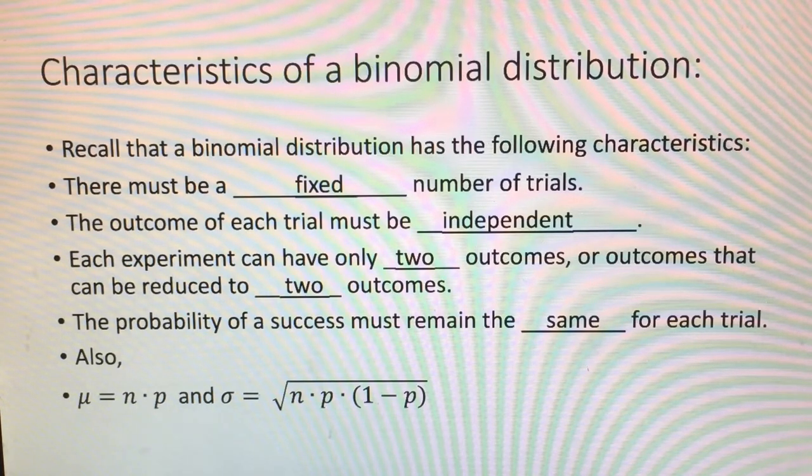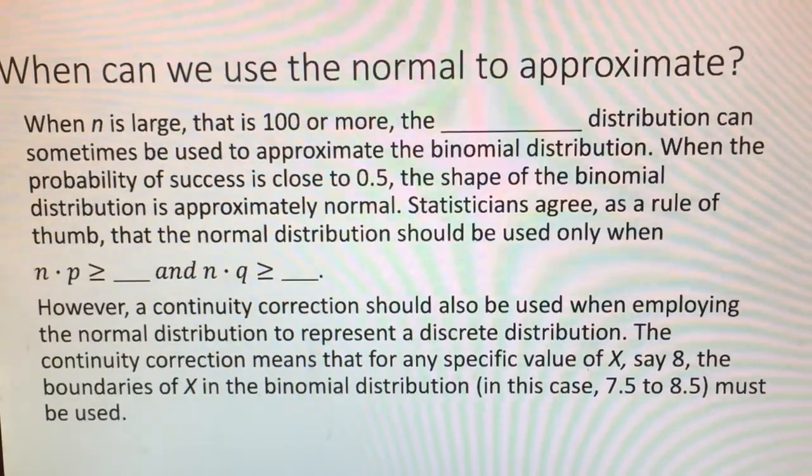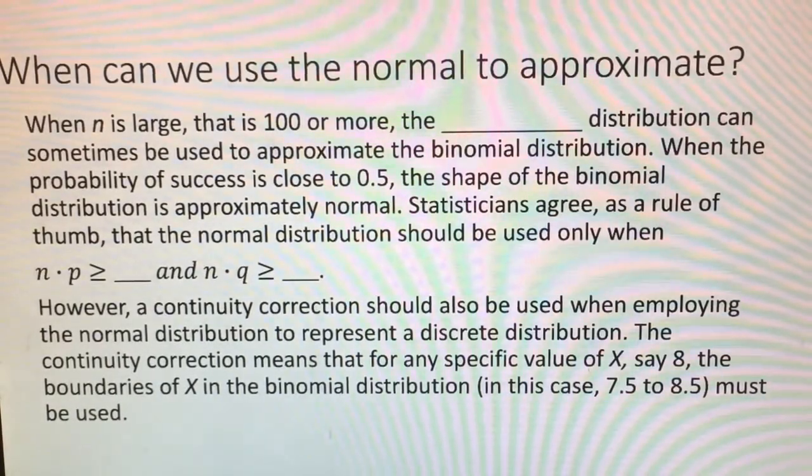And remember, n was counting the number of trials. So the fixed number of trials was the n. Okay, so when can we use the normal distribution to approximate the binomial?